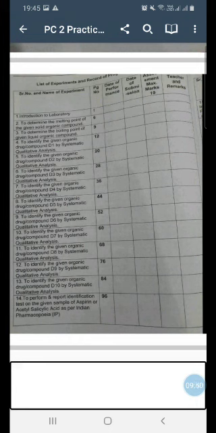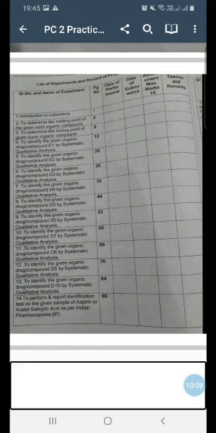Now two things are important here. The name of drug is known to you, that it is aspirin or acetyl salicylic acid. And the second instruction is you have to perform the tests which are given in Indian Pharmacopoeia.